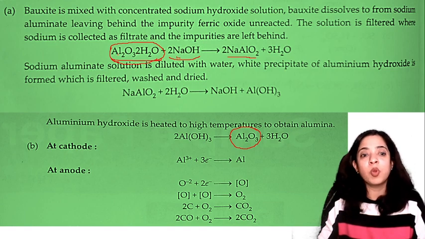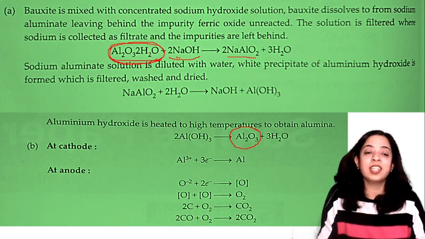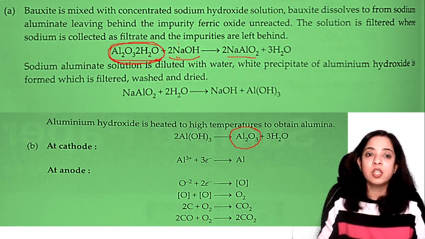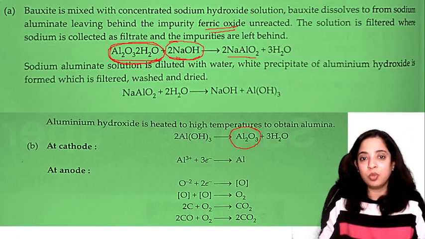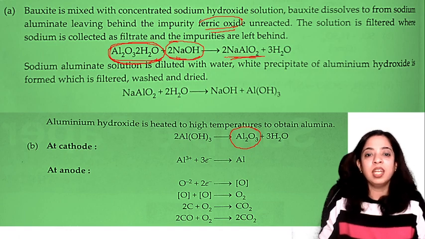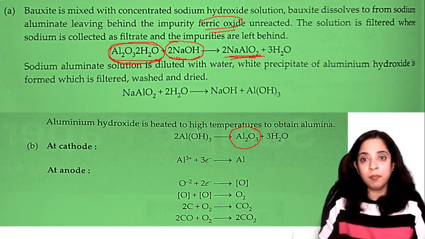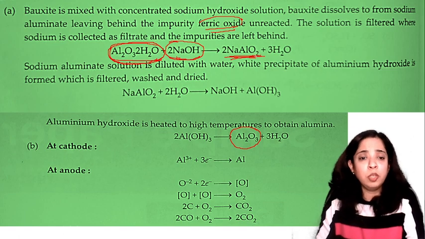Because aluminium oxide is amphoteric. It will react with acid as well as base, right? So it has reacted with base, whereas ferric oxide, a metal oxide, is basic. It cannot react with base to form any compound. So the ferric oxide remains unreacted and we get NaAlO2, sodium aluminate.